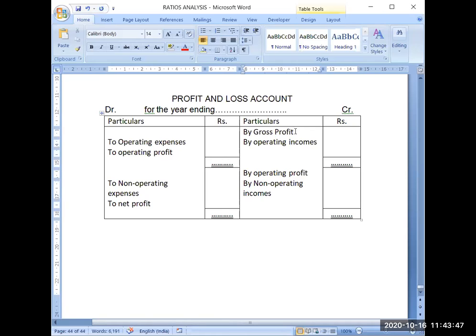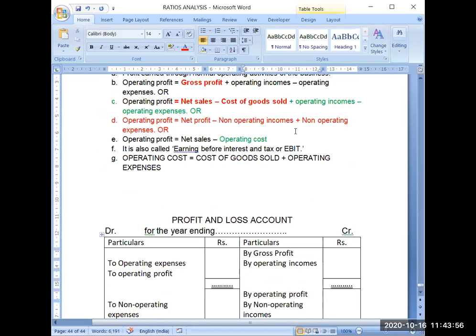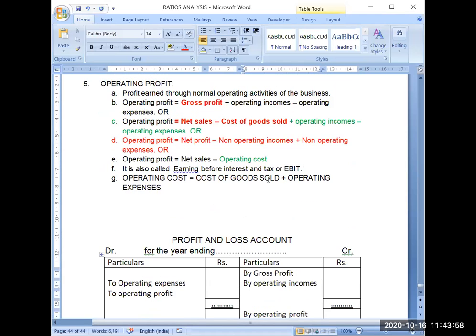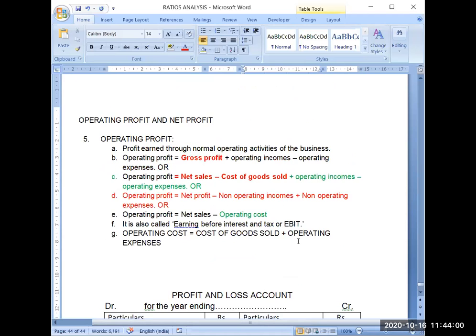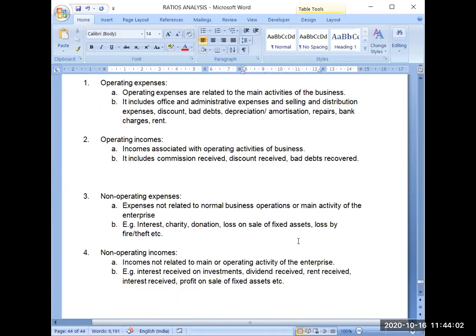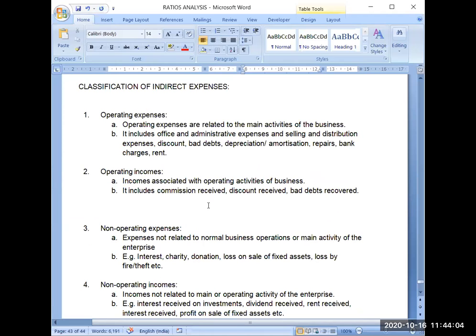So this is the chart which will make you clear about calculation of operating profit with the help of various formula. So when we will start operating profit ratio, at that time I will show you this in detail. Right now I have given you only reference. You should be clear about these terms.